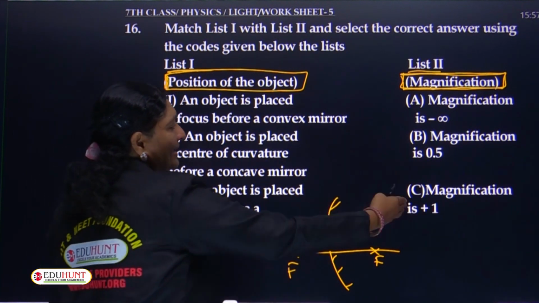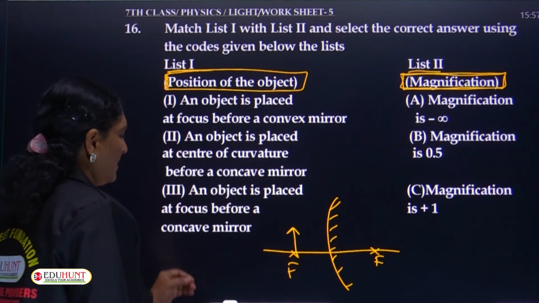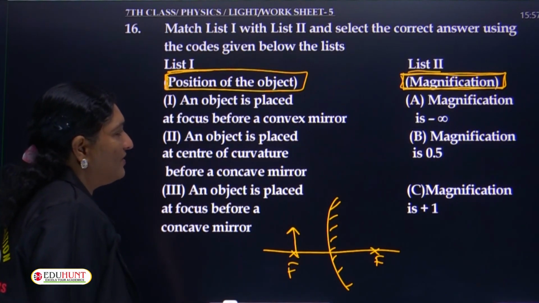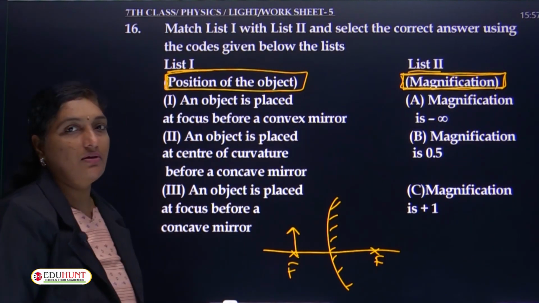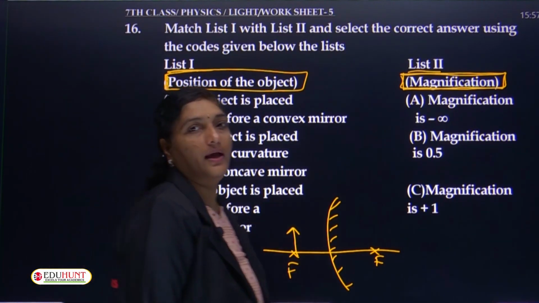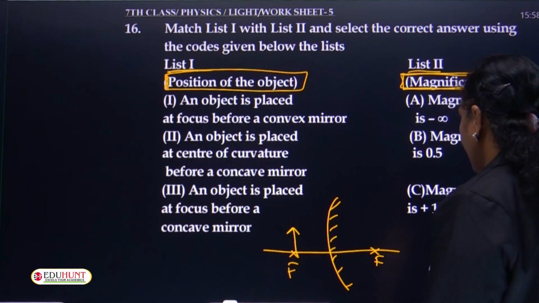Then what about the magnification so formed? You have to find out the magnification value. In order to find the magnification, you have to take m equals minus v by u, which is also equal to h2 upon h1. So solving that, we have the first one.